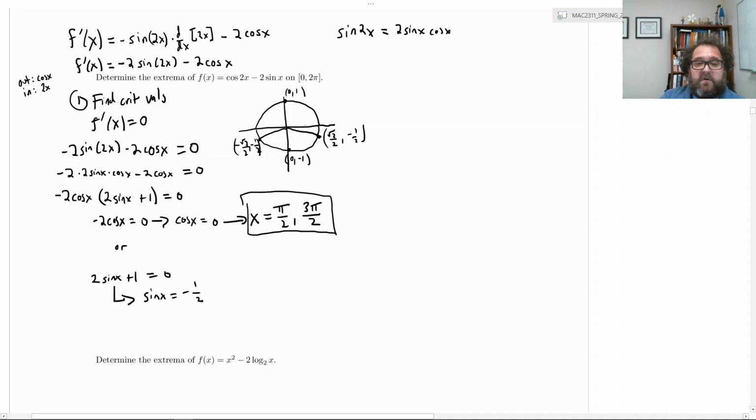Okay, so this first angle, basically it's pi plus pi over 6, which is 7 pi over 6. So we get two solutions here. X equals 7 pi over 6. And then the other angle, right there, that's 11 pi over 6.